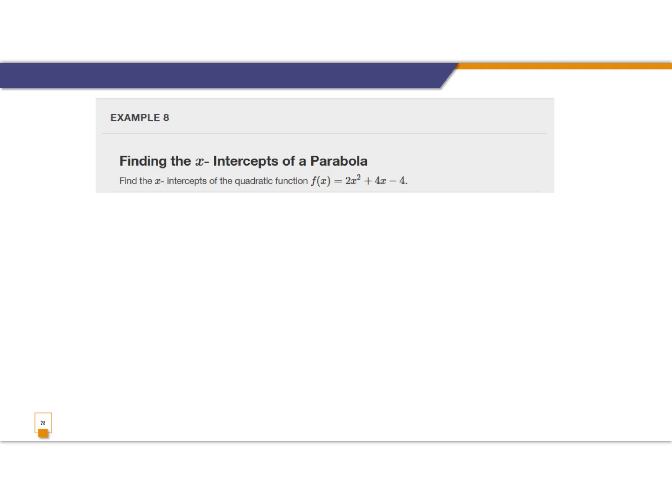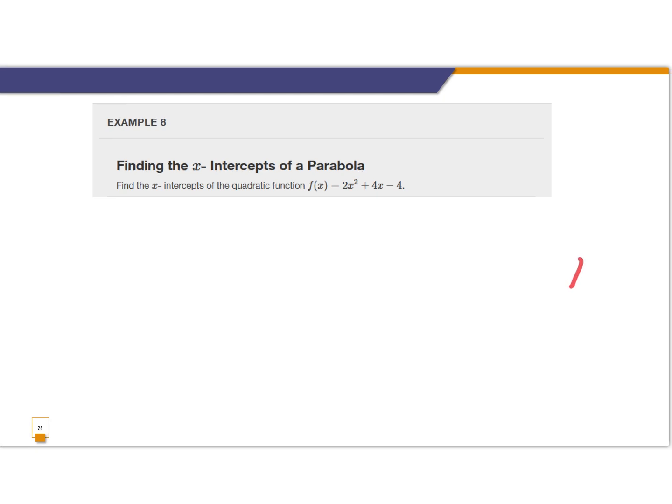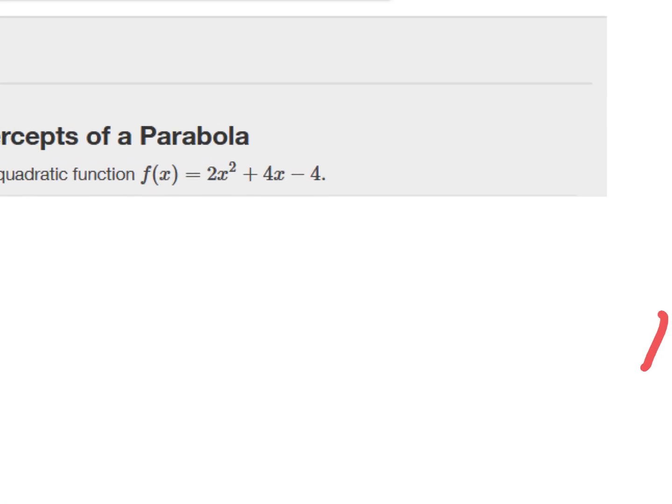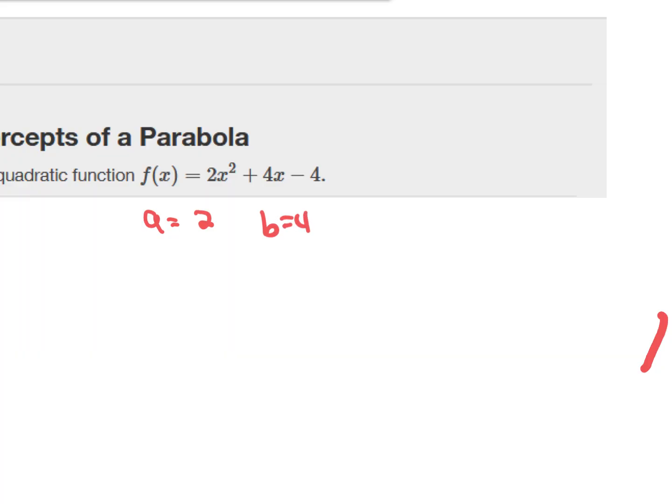F of x is 2x squared plus 4x minus 4. So in order to find x-intercepts, I need the a, the b, and the c. So it wouldn't hurt to make this a little bigger here. A would be a 2. B is a 4. C is a negative 4. Don't forget the equation.